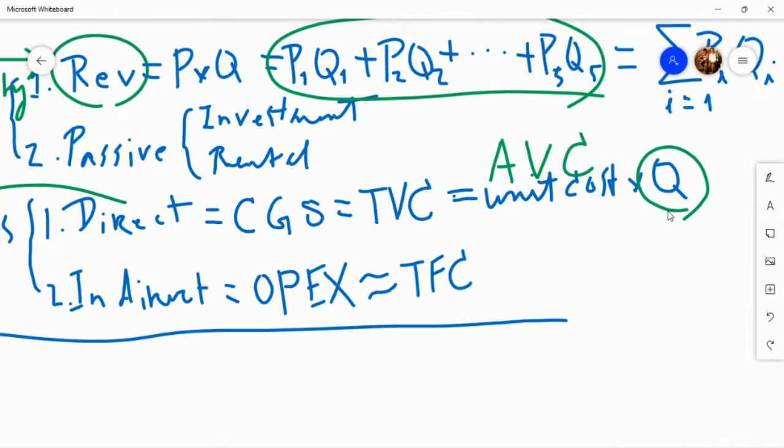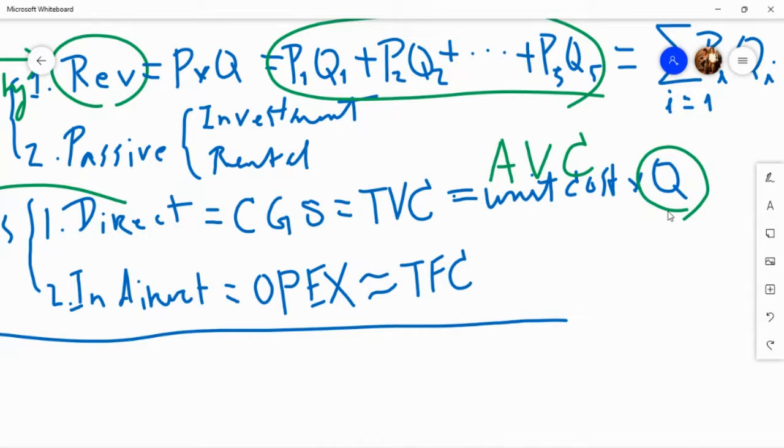The more you produce, the more inputs you use, right? You use more labor, more capital, more raw material. So it goes up, because if the unit production cost is $300, and as the quantity produced or the production level goes up, then the total will go up, right?